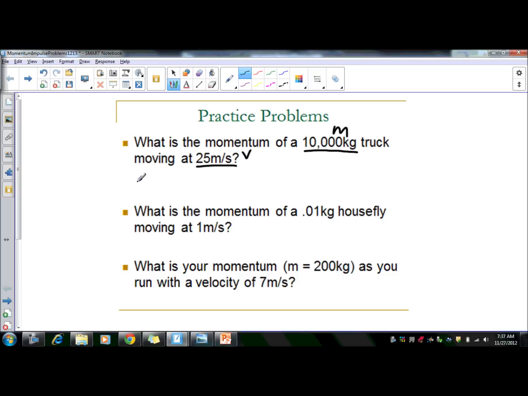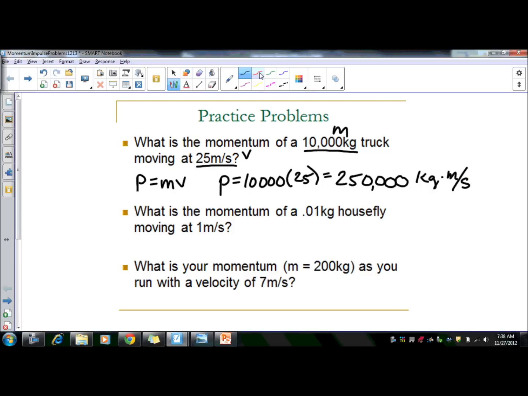And so we just take our equation, P equals mv. And so P is equal to mass, which is 10,000, times velocity, which is 25, and that gives us 25 with 4 zeros on the end. So 250,000 kilogram meters per second.